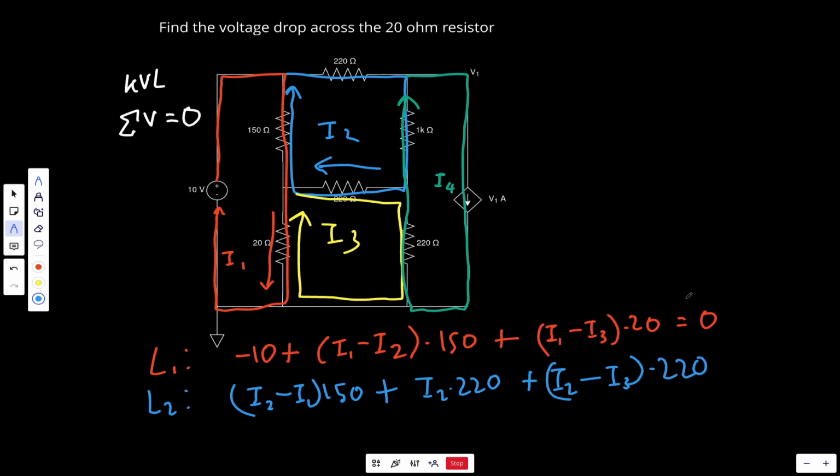Alright, so we have one more resistor in this particular loop left, and that is going to be this resistor. Now, there's something weird going on over here, because as you may notice, there is a voltage controlled current source. Now there's a current source, which means that we're kind of given already what I4 is, right? You see this little direction of this current going around this loop? We're kind of given that.